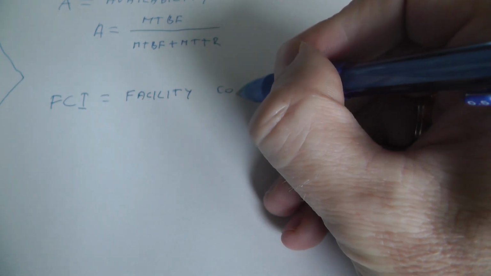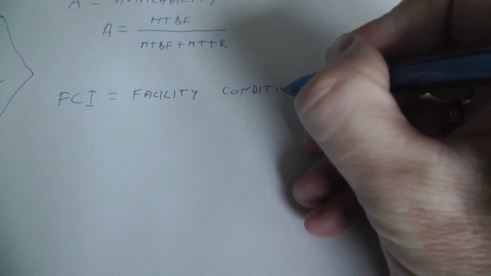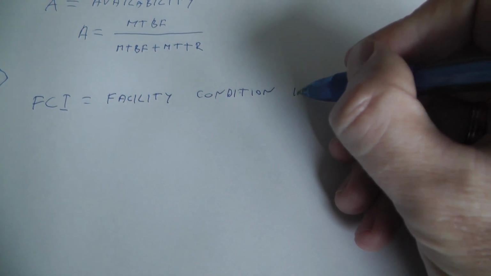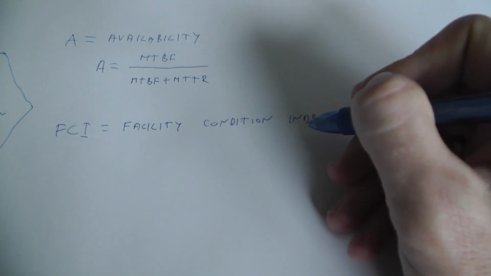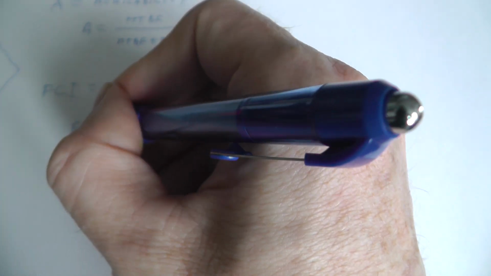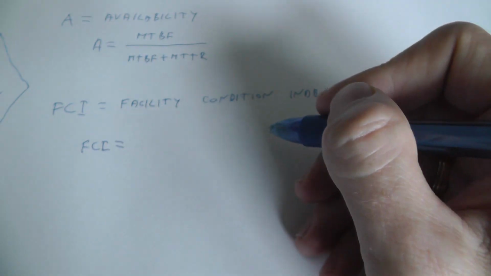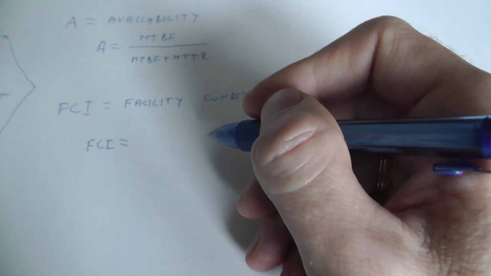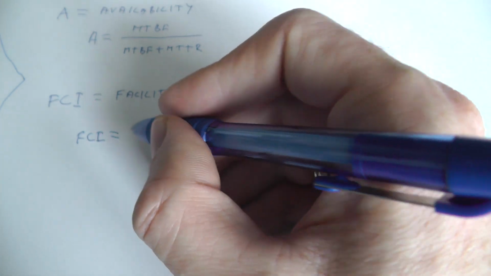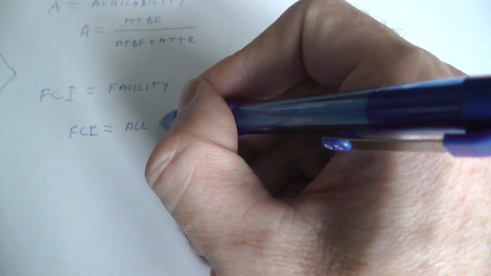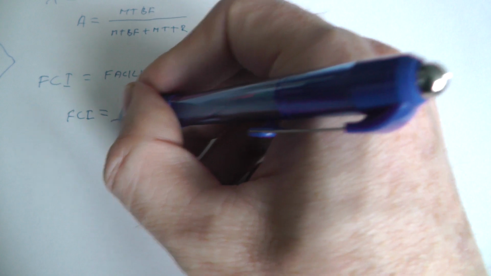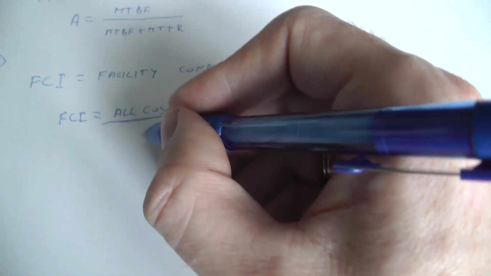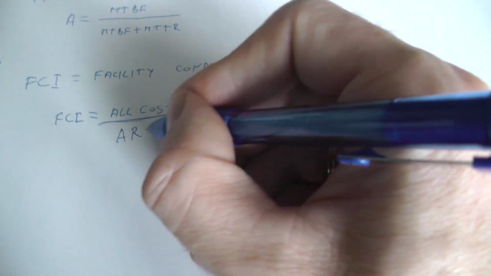This FCI we will calculate as all cost divided by ARV.